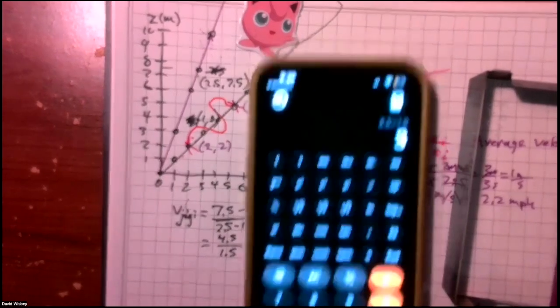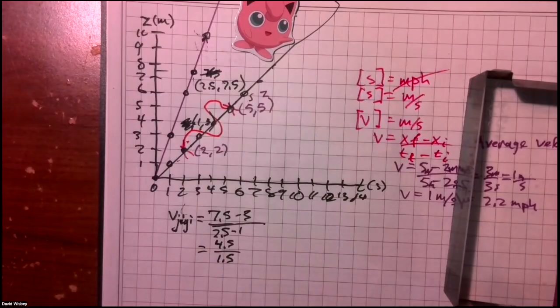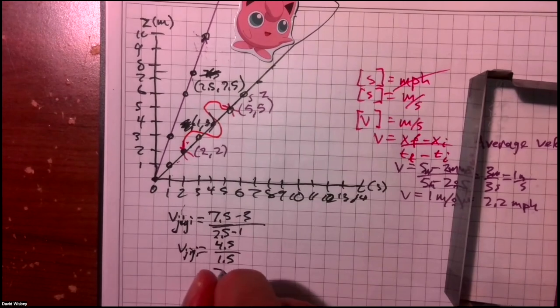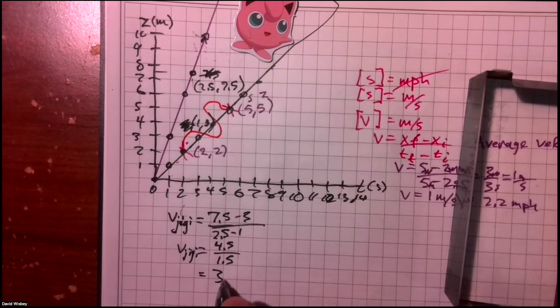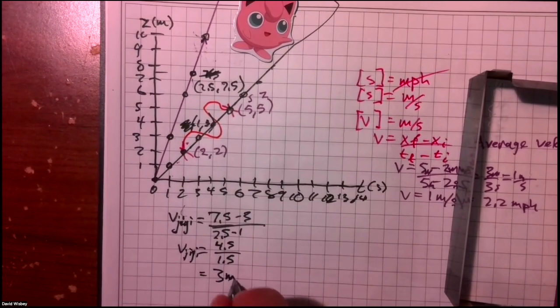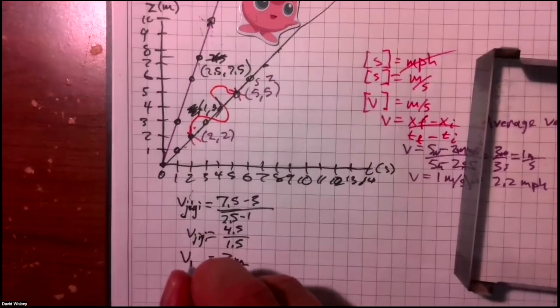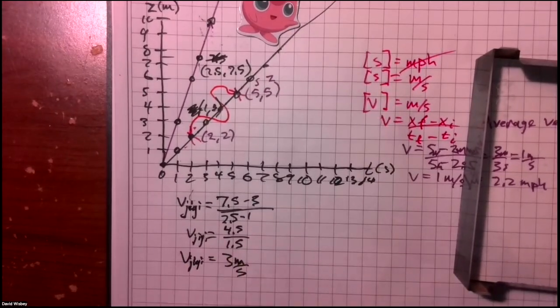Oh, it's 3. Duh. Okay, V Jiggy is 3 meters per second. Yeah, that reminds me of a Will Smith song, Getting Jiggy with It, but maybe you haven't listened to that.